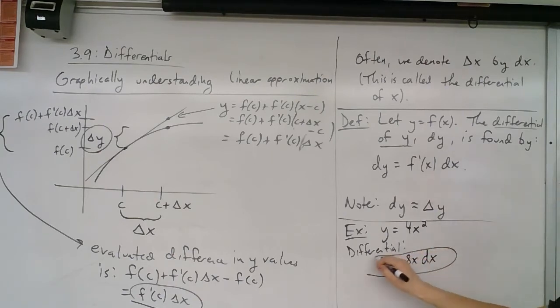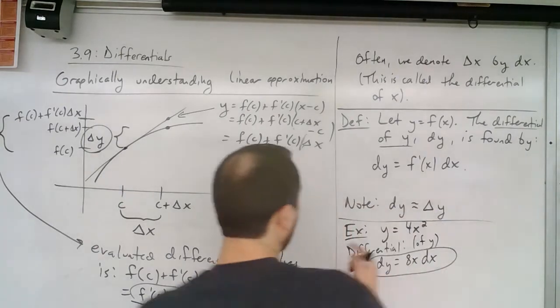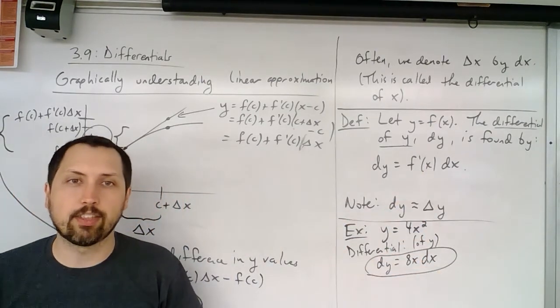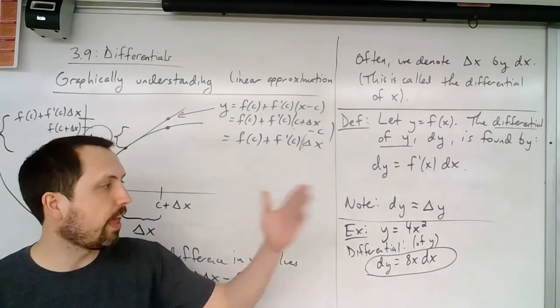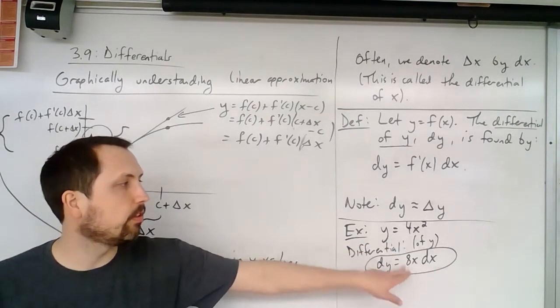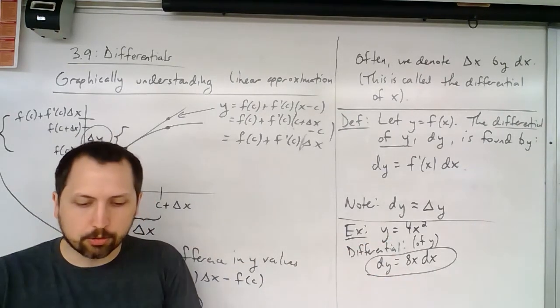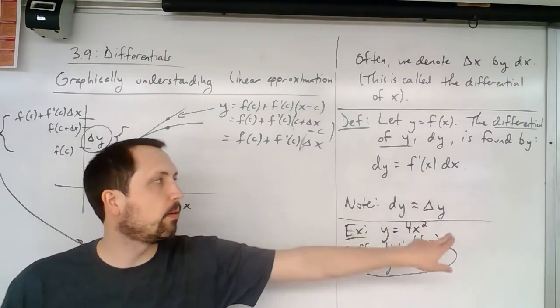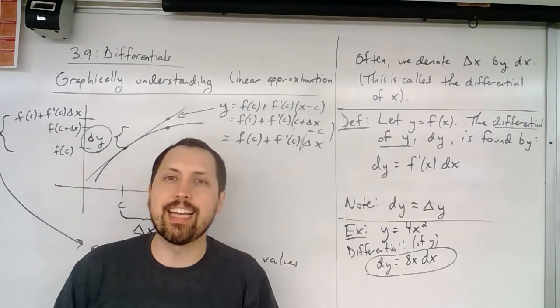So this is the differential of y. It is simply found by taking the derivative and plugging it in, with our dx there. Hopefully, when you see this example, many of the other examples will be very similar. You're basically just using this definition: put the derivative, then you have your dx at the end.